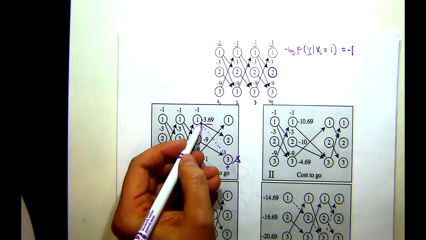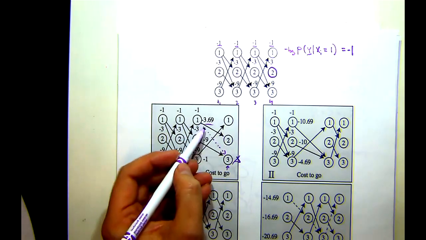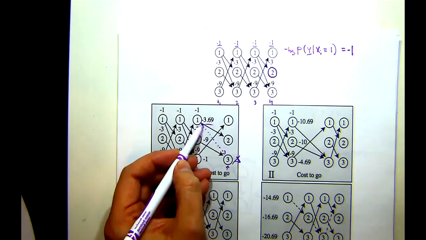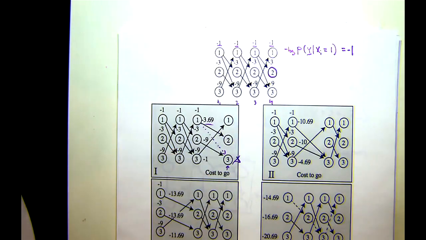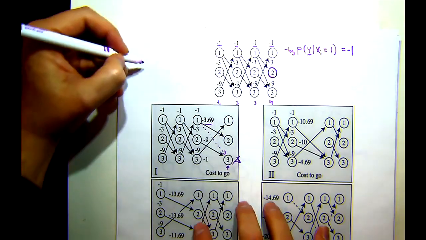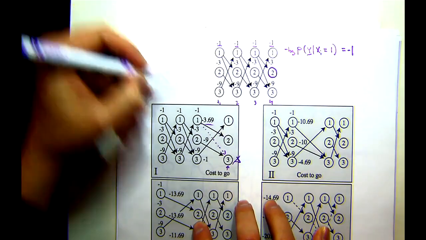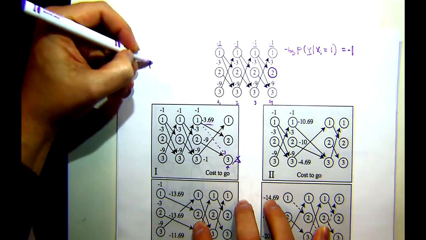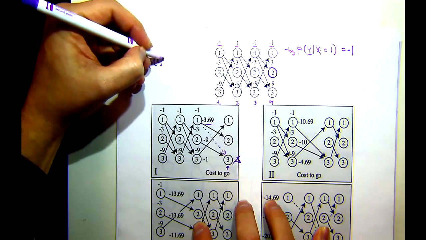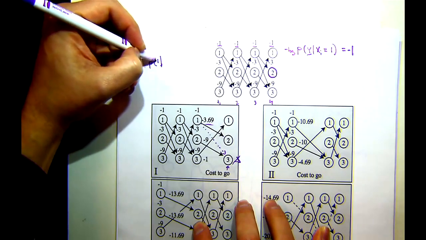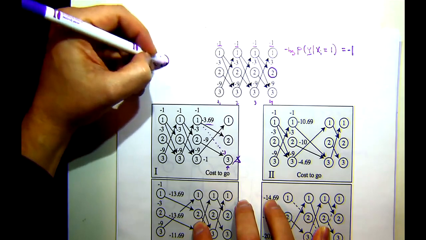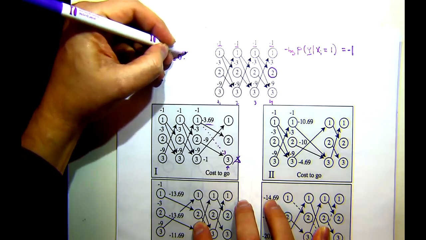So the cost to go this path is equal to the cost of taking that particular path, which is equal to, let's see, the probability of going from 1 to 2 is equal to 0.5.